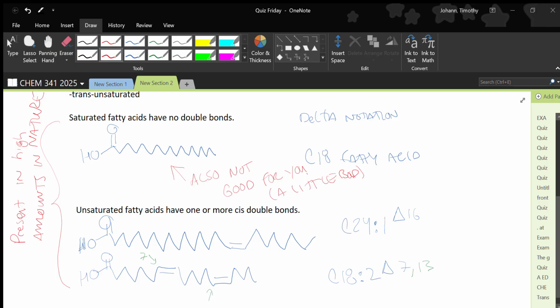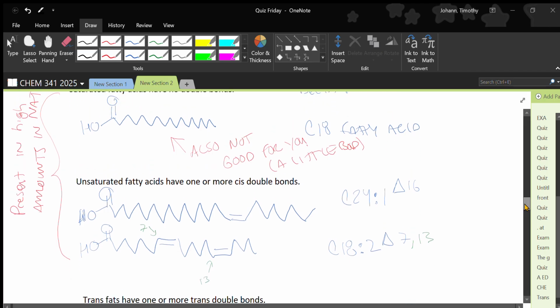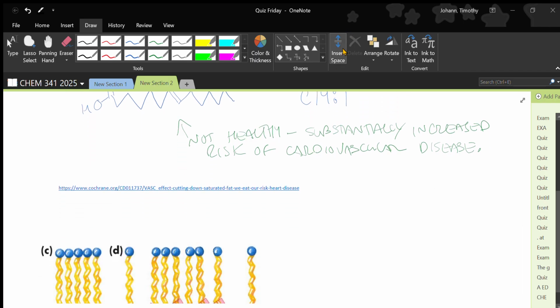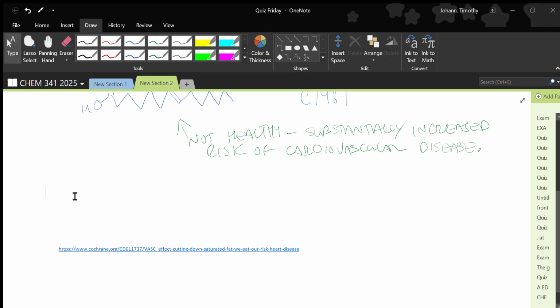And as scientists, we know how to look at data. And so we're going to look at saturated fats versus unsaturated fats here. When you want to try and make a decision on some sort of dietary or life issue, there are lots of medical studies out there.